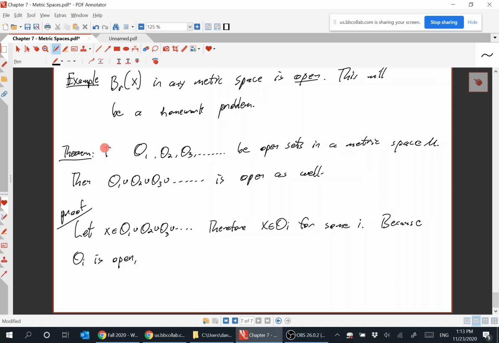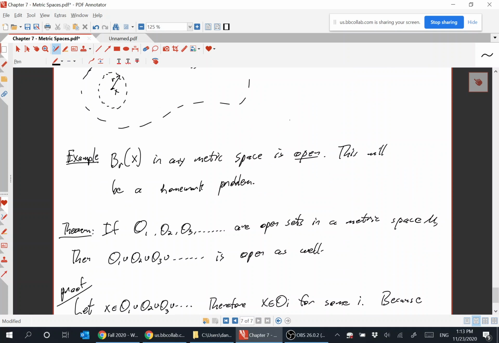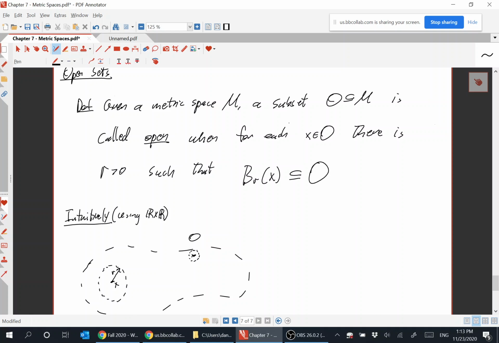Let me write it as an if-then. Because O_i is an open set, what's the definition of open? It's open when there is some R greater than 0 so that the ball of radius R around x is still in the set.